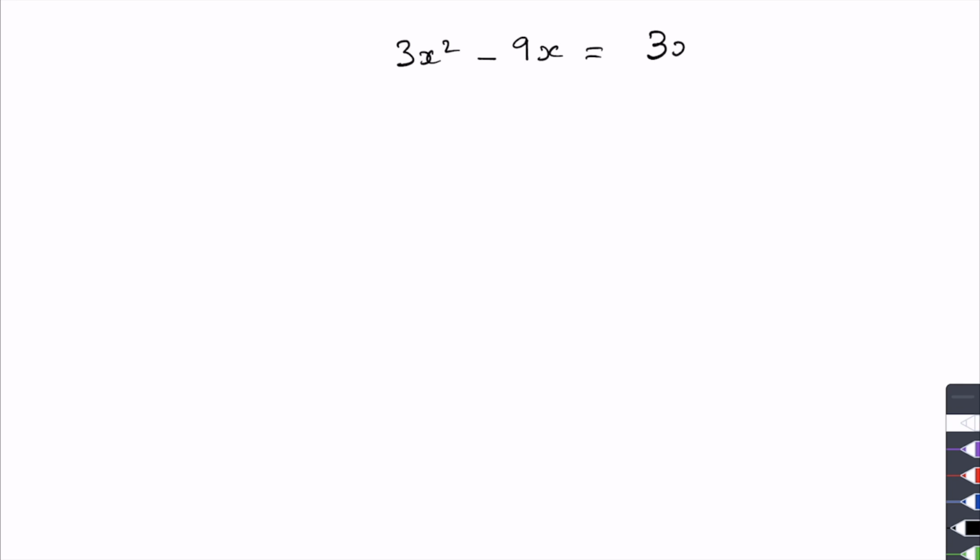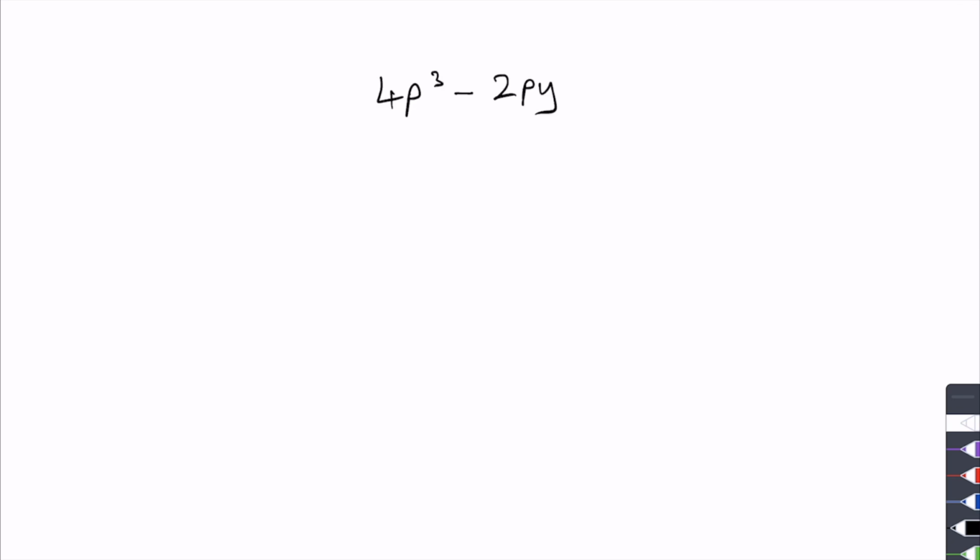So I'm going to place the x outside the brackets, open my set of brackets up there, and I ask myself, 3x times what gives me 3x squared? Well, 3x times x gives me 3x squared, and 3x times what gives me 9x, and it's just simply 3, because 3x times 3 gives me 9x.